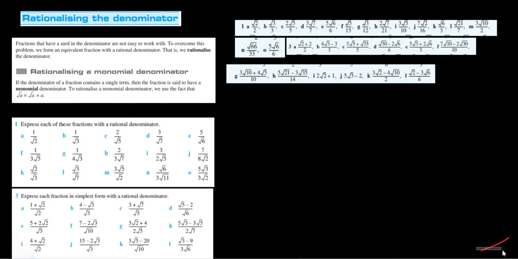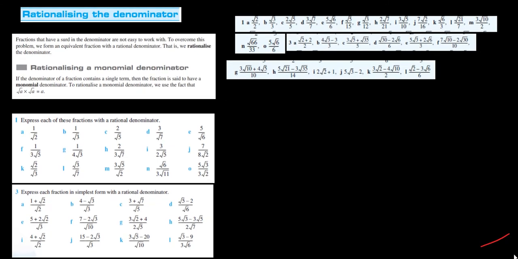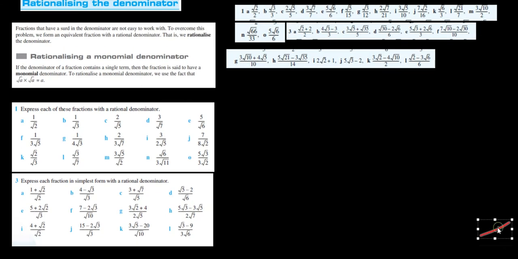They're monomial in the denominator because there's just one term. There's one term in the denominator. If we have something like 1 over root 2 plus 1, that is called a binomial in the denominator.